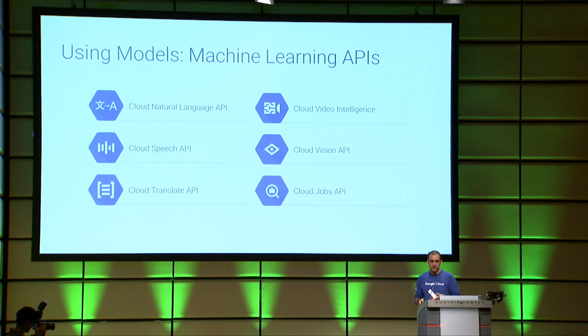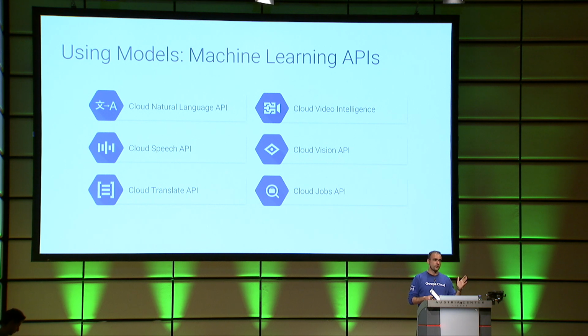In Google Cloud, there are machine learning APIs. These are easy ways of using machine learning because Google has the data and the expertise, and they build these models for you. You can just use an API to call them and get some results. There's a Natural Language API for passing some text and getting analysis about the text, like the sentiment in the text.